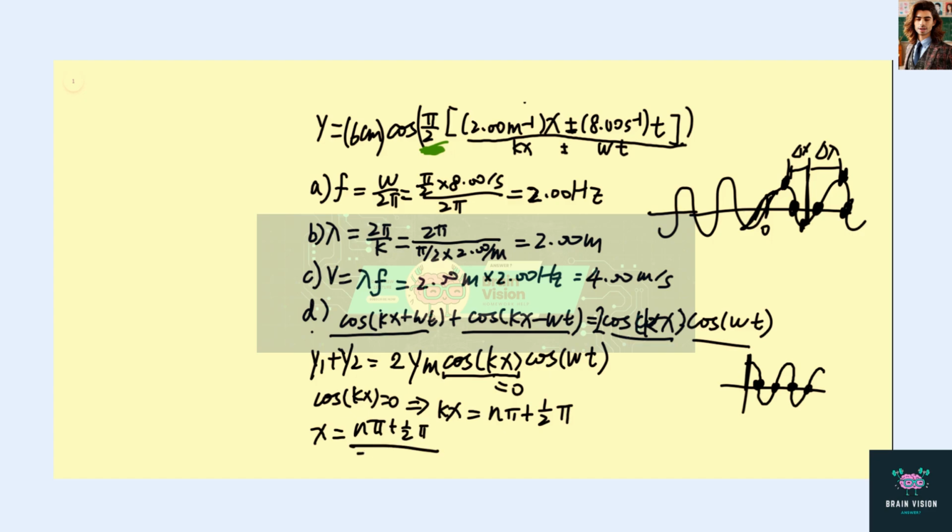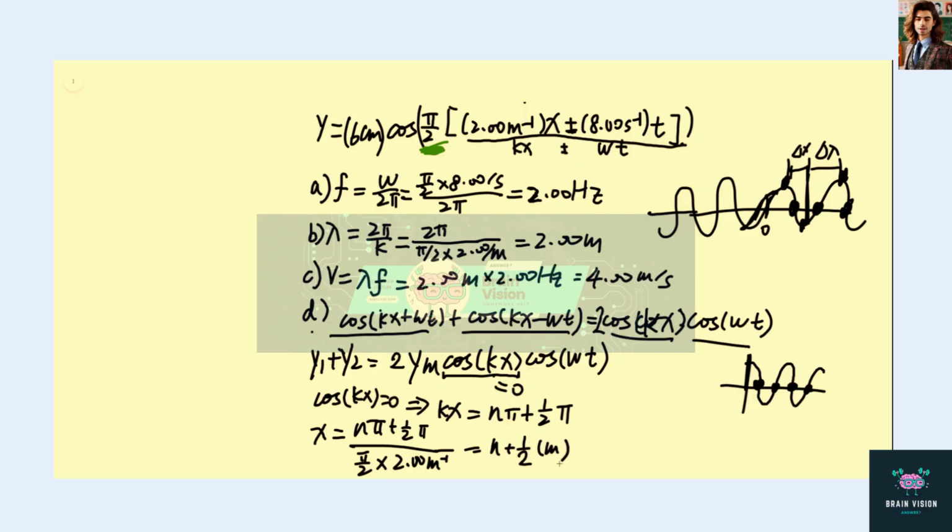What is k? k is pi per meter, so x is n plus 1/2. All right, so with that, for x larger than or equal to 0, it doesn't matter because 0 is not a node anyway. The unit is meter.